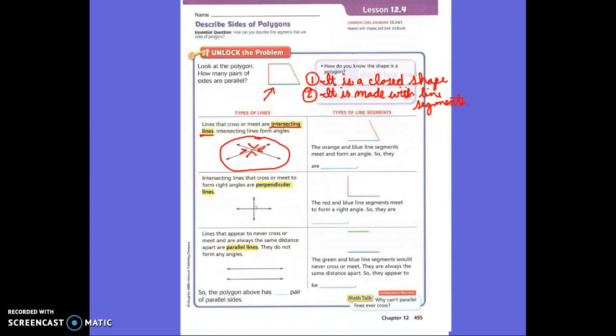Okay, so looking over here, the orange and blue line segments meet. Just because they haven't crossed, it also means that they meet. They meet, so they are what? Intersecting. Write that down. It's on your paper, so there is no reason for you to spell this wrong.